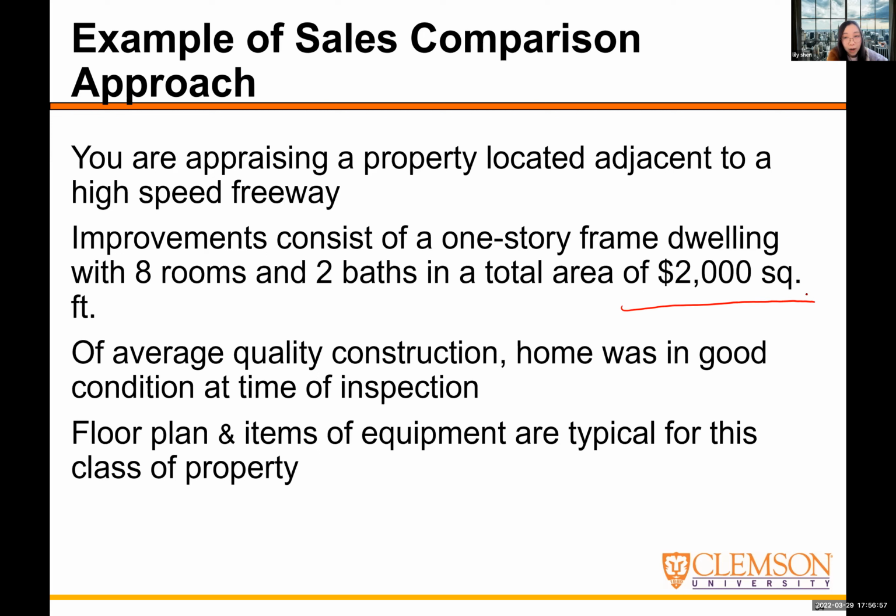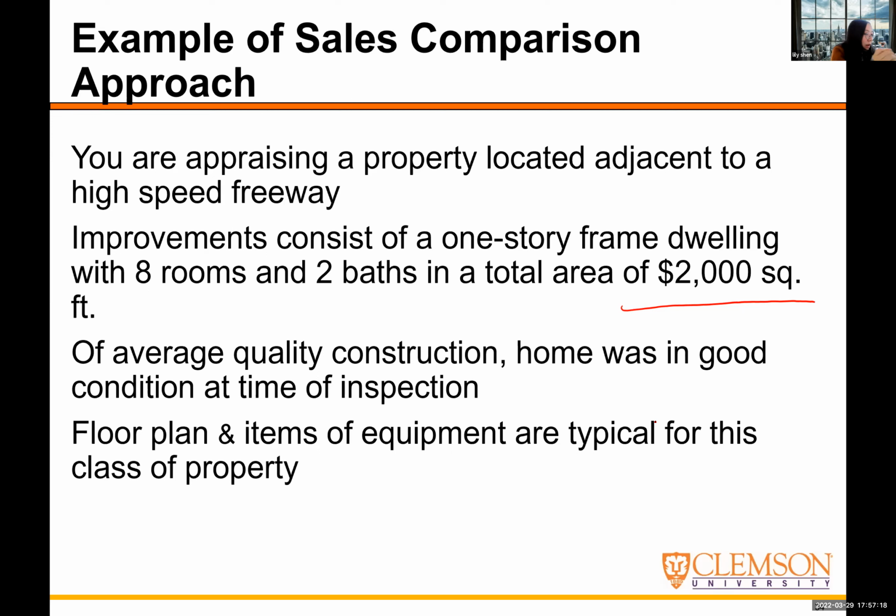For some of the comparables, it's slightly bigger. You have to subtract the additional value of the 400 square feet from all the bigger comparables. And the floor plans and items of equipment are typical for this class of property.